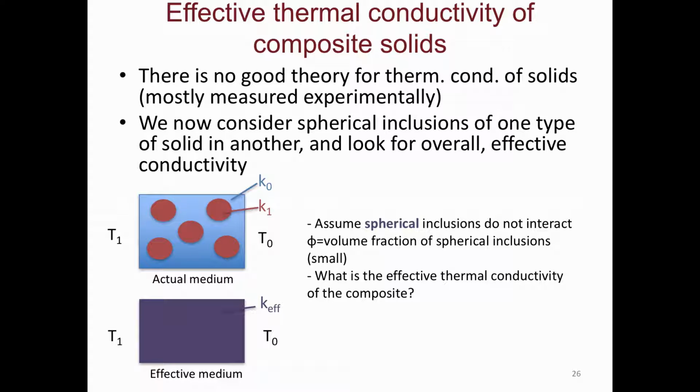Now, this was all discussion for homogeneous matter. Often we will actually have composites, either solids or liquids, and therefore we need to look at some sort of effective property, depending on the fraction of individual components.